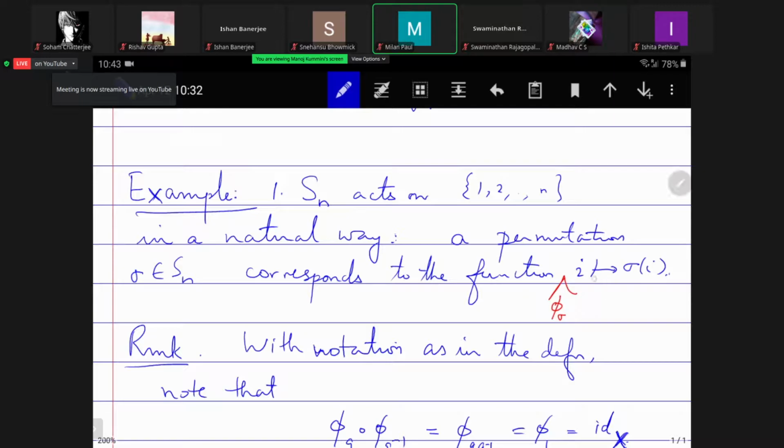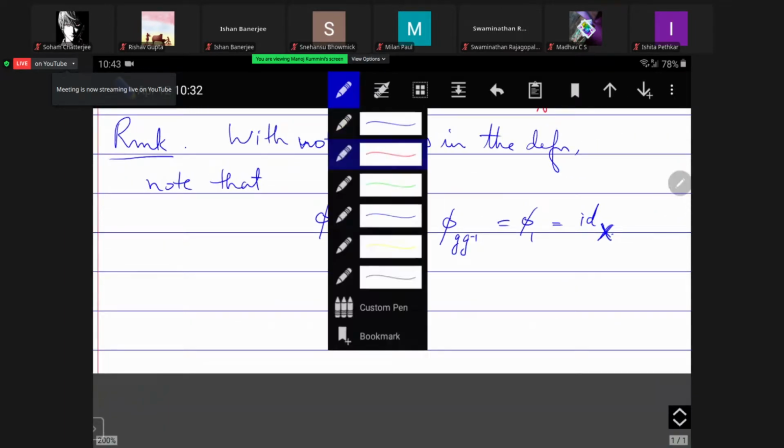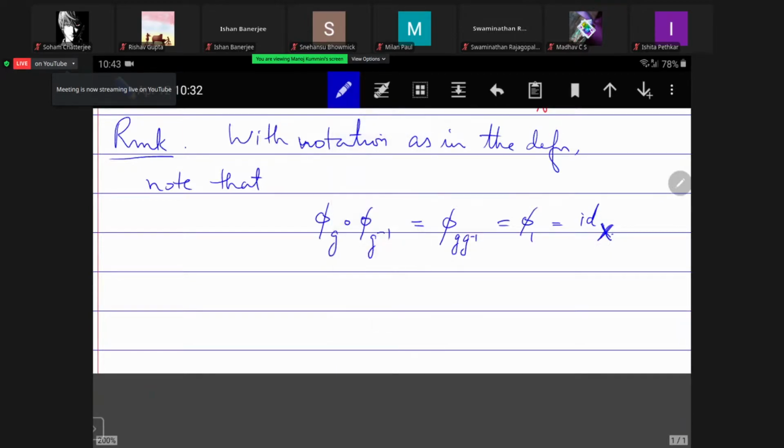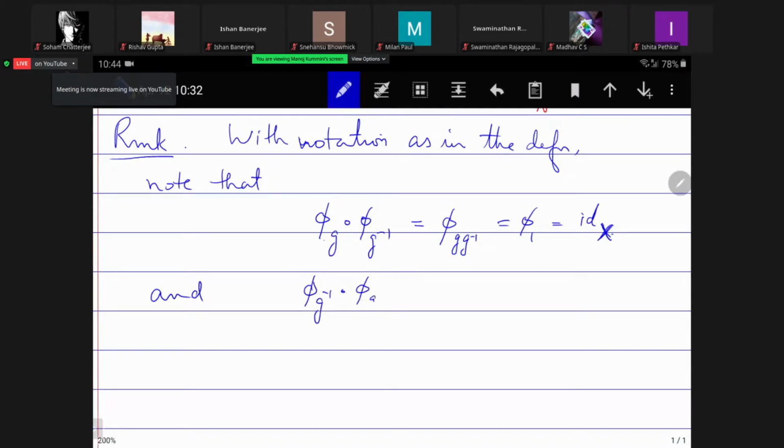This function that I wrote here is what we denoted as phi of sigma, okay? But it is the function sigma. And so phi of G inverse composed with phi of G is phi of G inverse G, is phi of 1, is again identity of this.